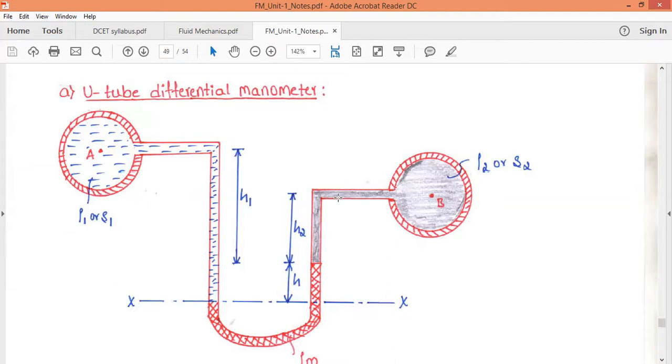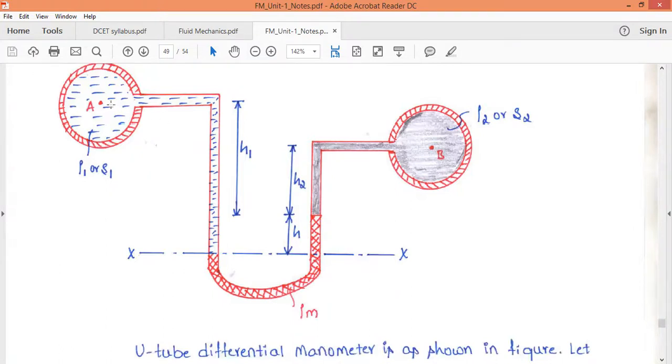One end is connected to point A, another end is connected to point B. We have one manometer liquid, rho m. Rho 1 is the density of the fluid flowing in this pipeline, and rho 2 is the density of the fluid flowing in the right side pipeline.